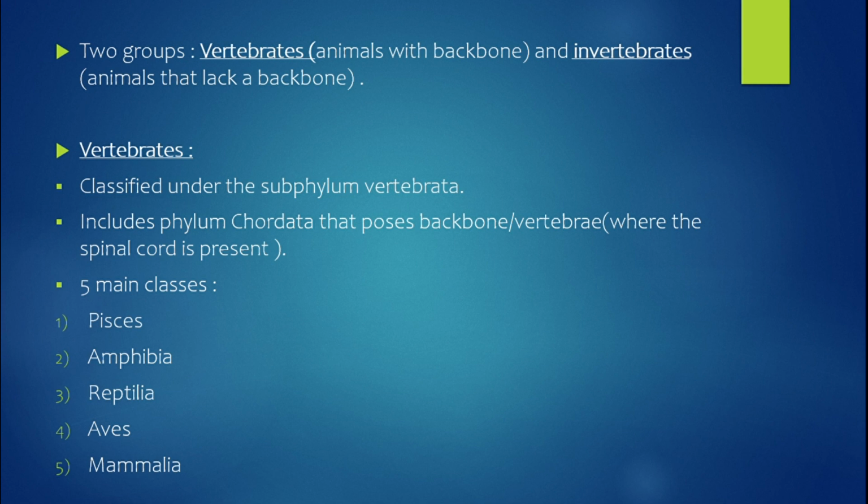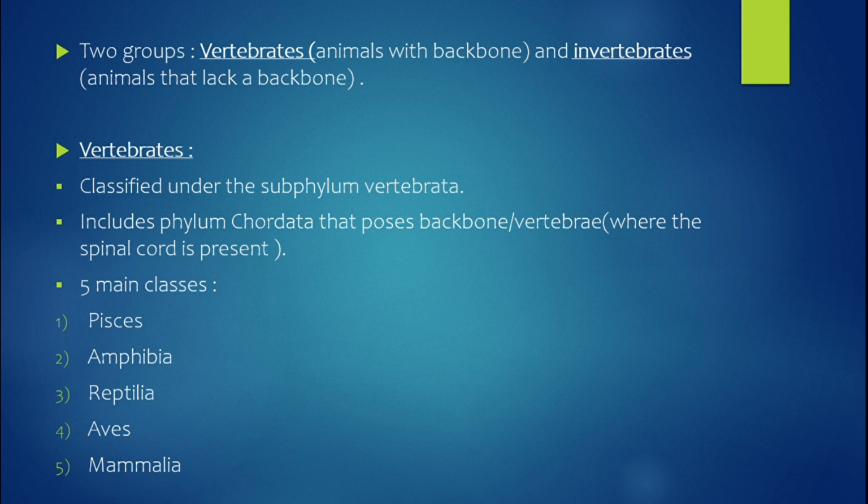Now vertebrates are classified under the subphylum known as Vertebrata. This phylum includes the phylum Chordata that possess a backbone, that is a vertebra, where the spinal cord is present.